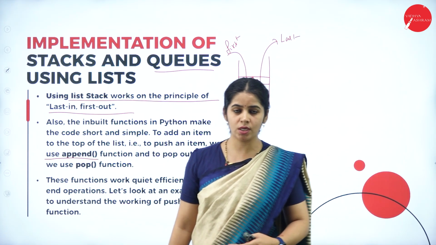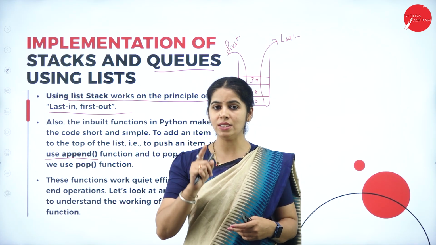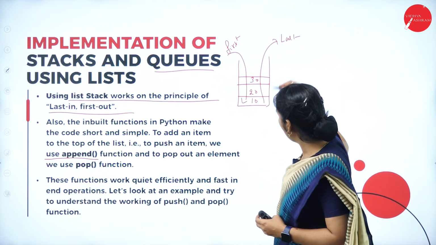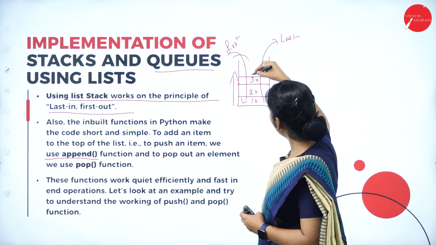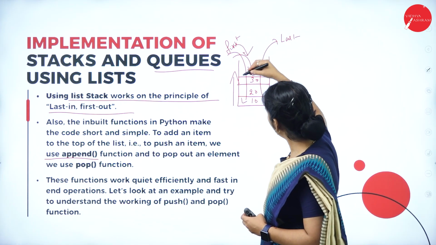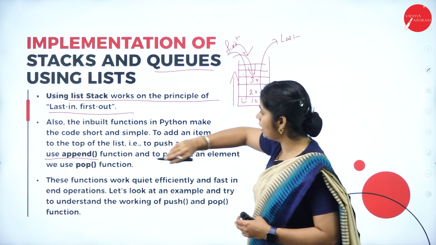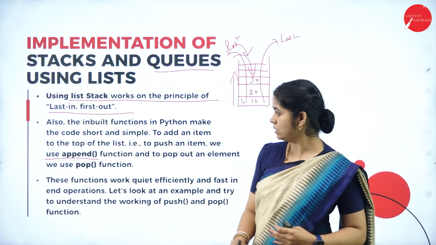As we have just discussed, what does the append function do? The append function adds one single element at the end of the list. As this is my list growing upward, whatever elements are added will be added at the end of the list.